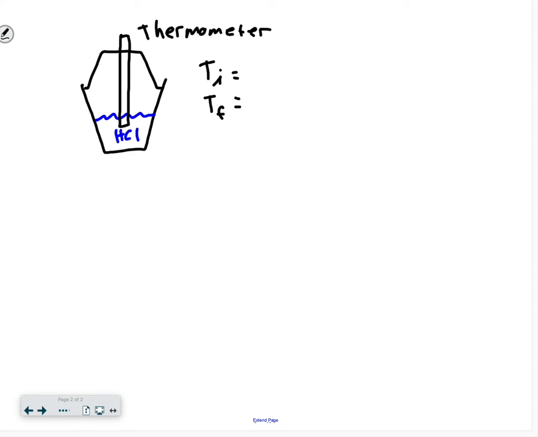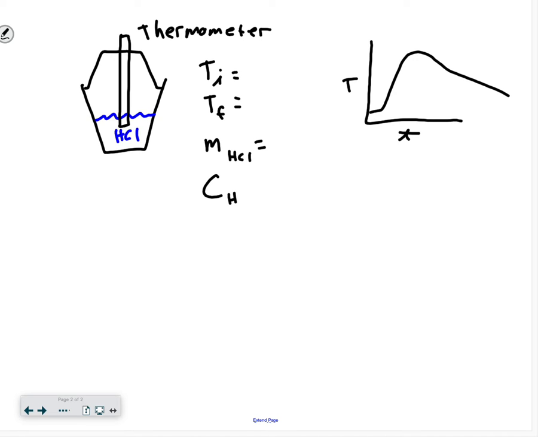Now remember that the graph of the temperature over time is going to look like that. So remember, you will have to compensate for heat loss when you do that. Also you'll have to find the mass of the HCl, and we're going to assume that the specific heat of HCl is 4.18 joules per gram degree Celsius.